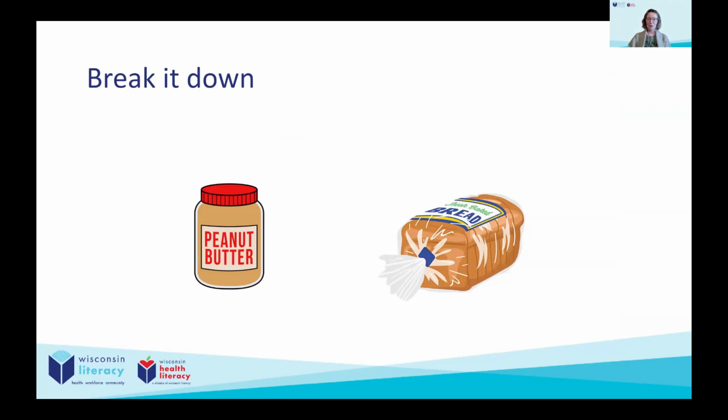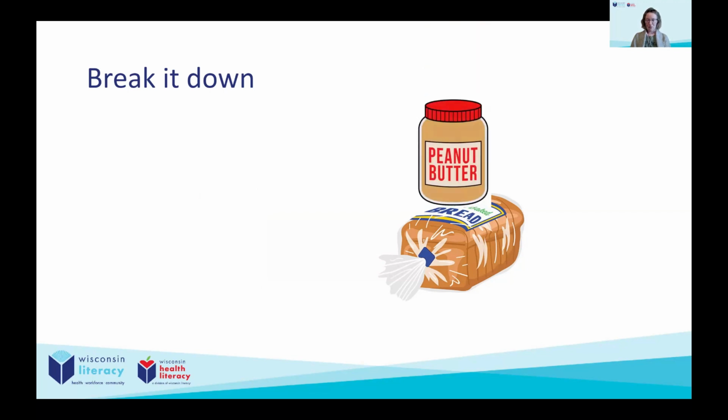I want to use an example here of breaking it down that I think English teachers often use, maybe as a public speaking assignment. They tell learners to explain how to make a peanut butter sandwich. And often learners will start by saying, put the peanut butter on the bread. Okay.